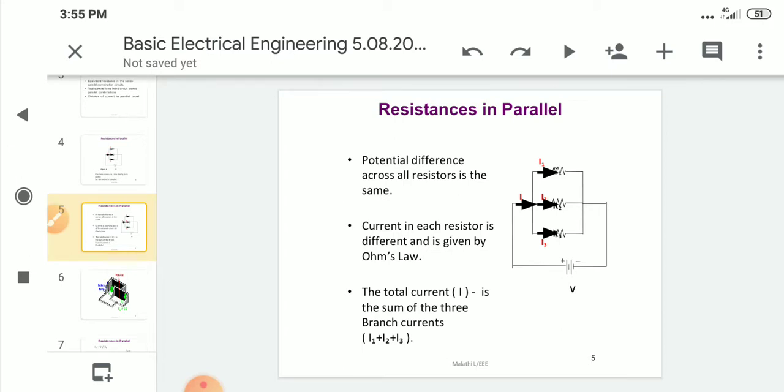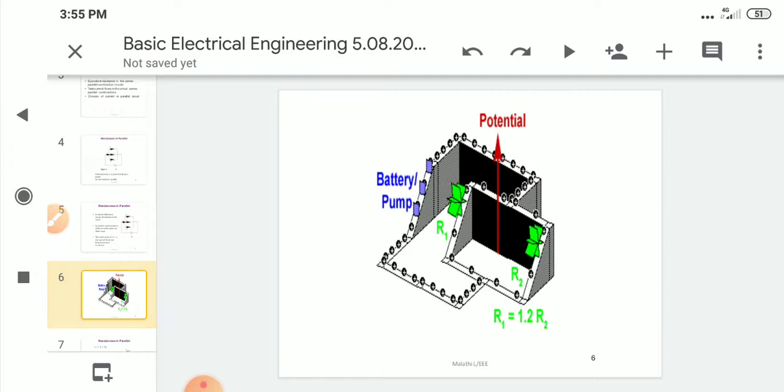So overall, V is the same throughout the circuit, and I is the sum of I1 plus I2 plus I3. This is a parallel circuit. Here this is a battery, or take it as a pump also. These are parallel.